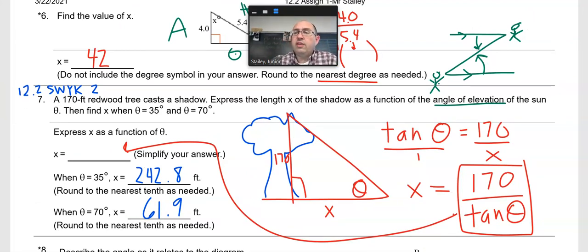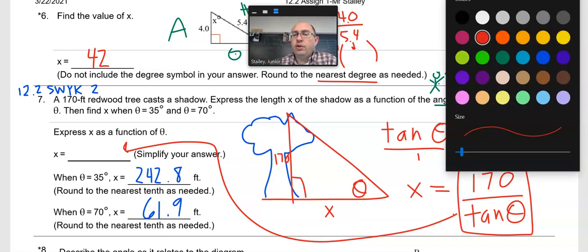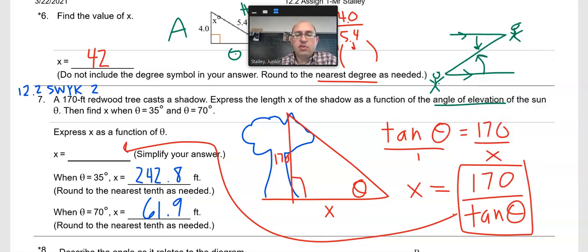We do know that the height of the tree is 170 feet. So you see I labeled the height 170. I labeled the angle with the Greek letter theta, in case that's confusing. Theta, that's what this is. You'll see it in Greek sororities and fraternities when you go to college. Anyway, unless you take Greek class and you study the language, yeah, you see it there too.